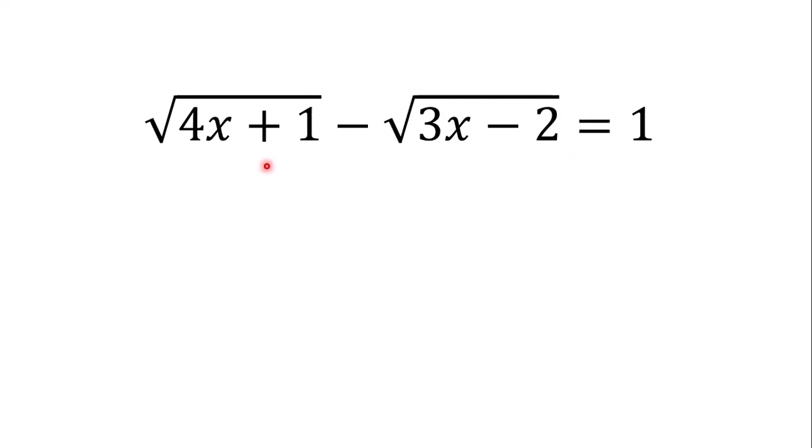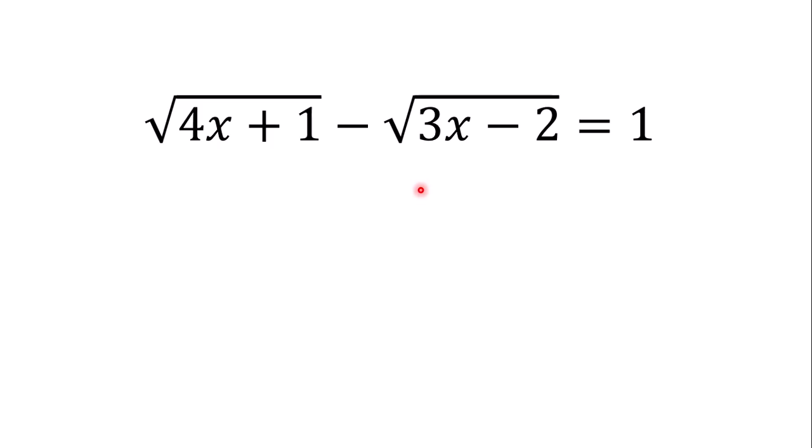That is making one of these the subject. I'm talking about how you can go about it. In this video we will not maintain it as it is and then square both sides. When you maintain it as it is and square both sides, you get the same answer as we are going to get by not maintaining it as it is.